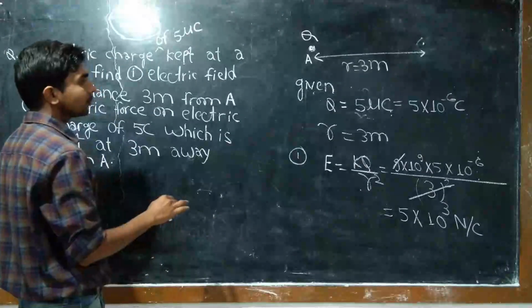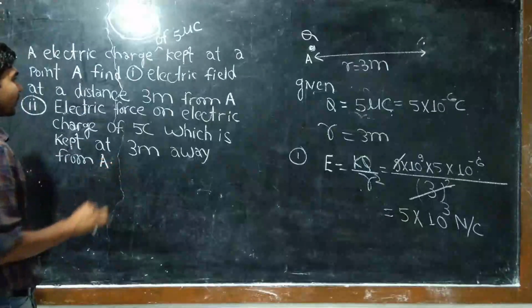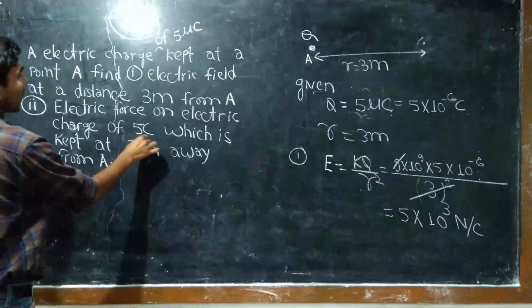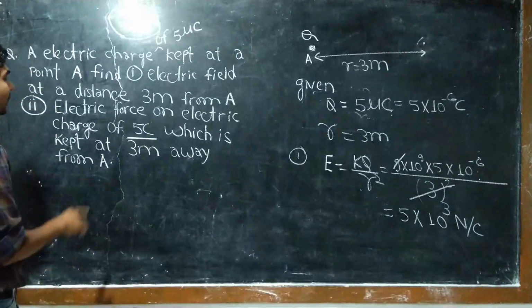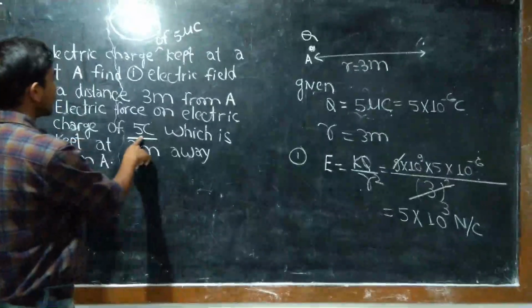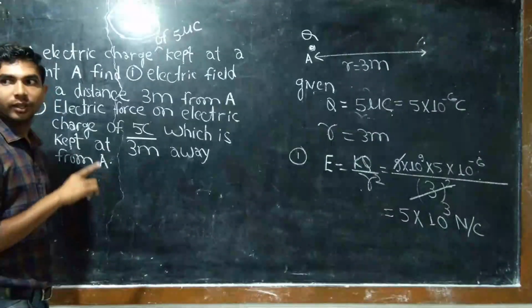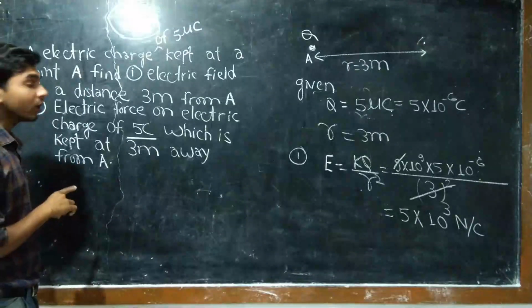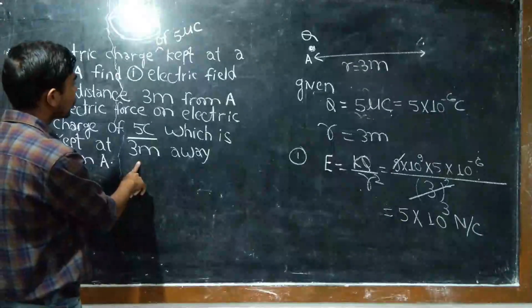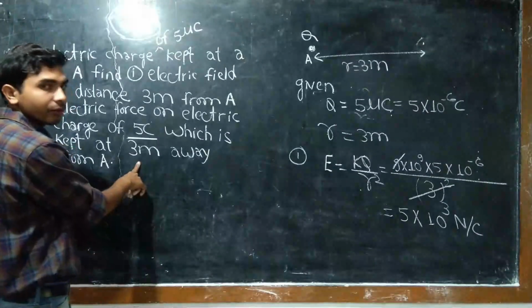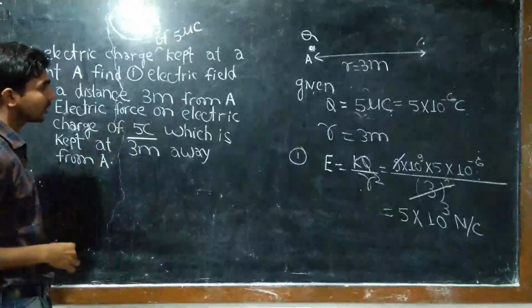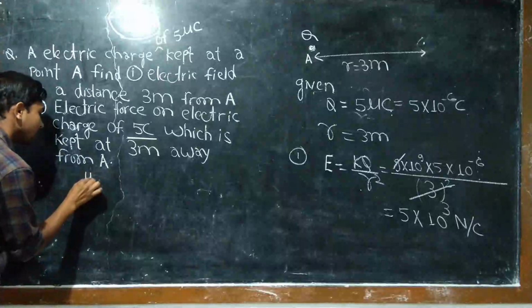In the second question, they are saying that if a 5 coulomb charge is kept at the same point, then we have to find the force on that charge. So I am going to solve the second question here.